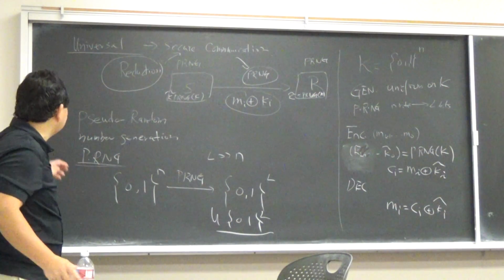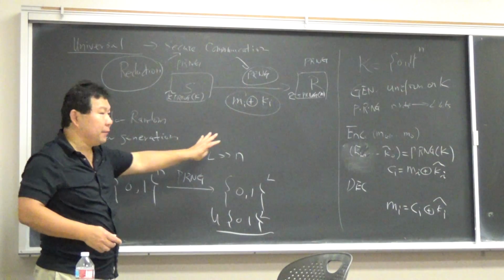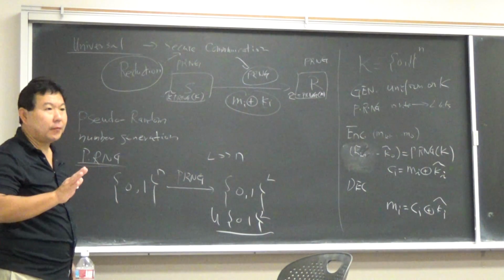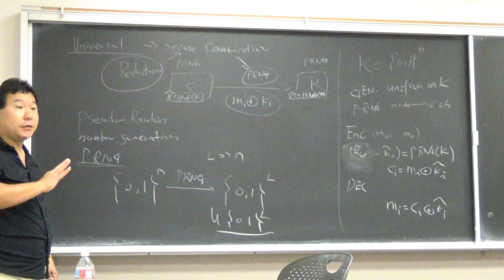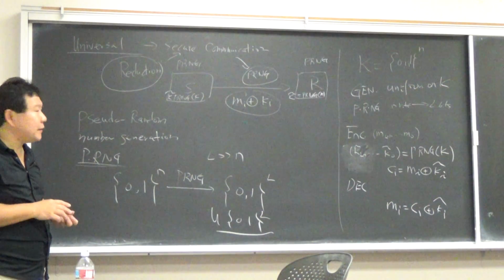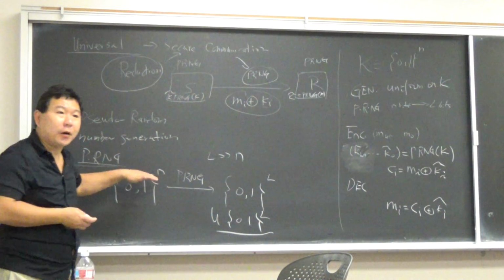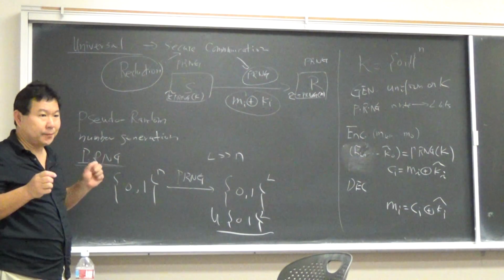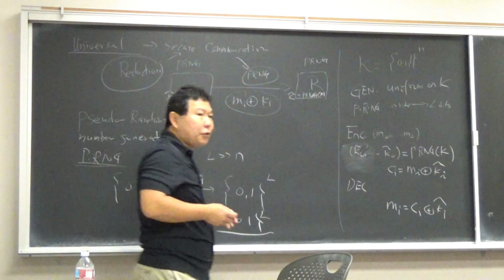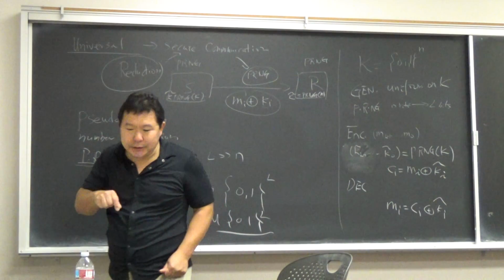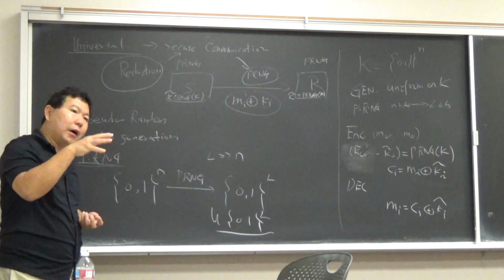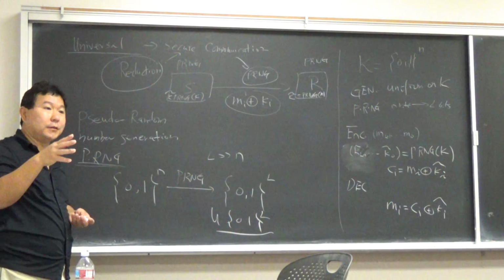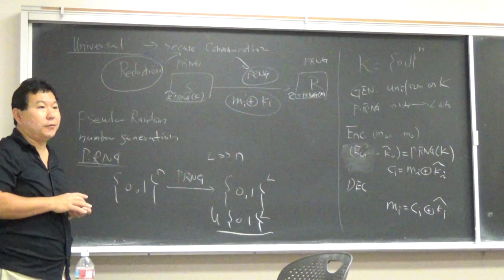To a large degree, this is a universal schema for classical secure communication. You can see this is part of the reason why pseudo-random number generation is a fundamental primitive. Today, initially I was planning to give more concrete protocols and some of the analysis for pseudo-random number generation.